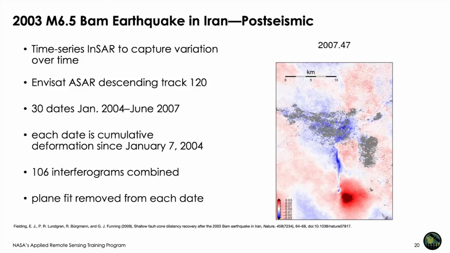But then after the earthquake, that material collapsed and caused this subsidence right along the fault zone.